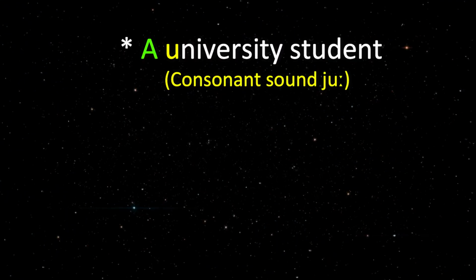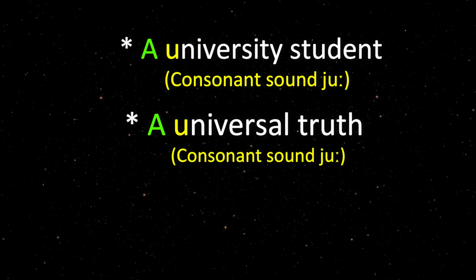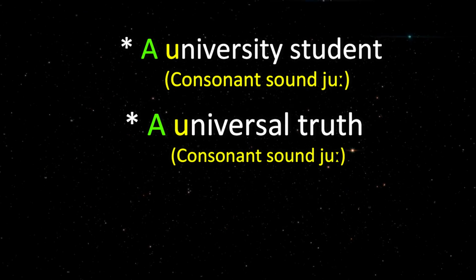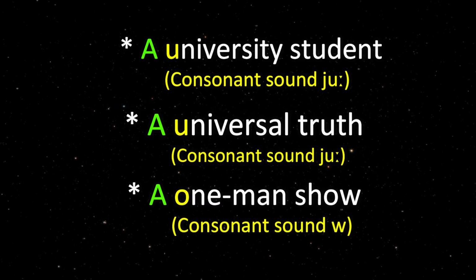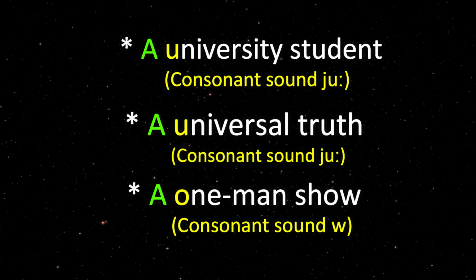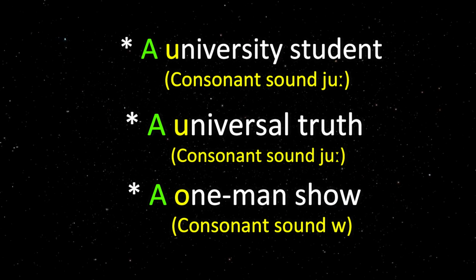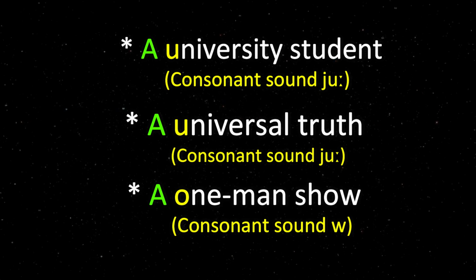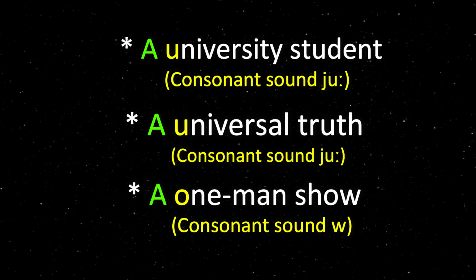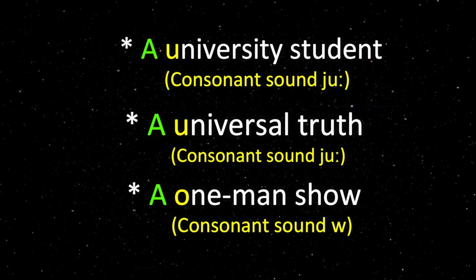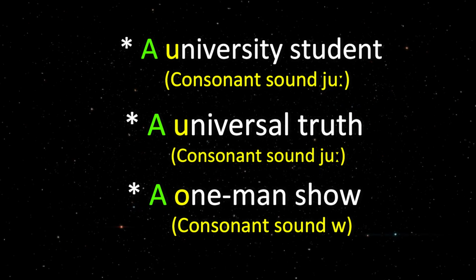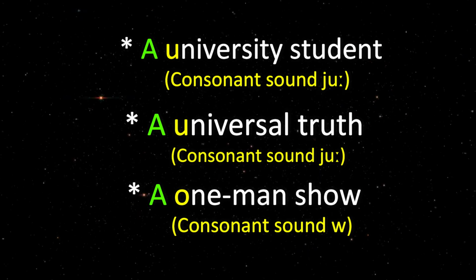A university student. A universal truth. A one-man show. While university, universal and one begin with vowel letters U and O, the sound produced is not u and o but y and w, which are consonant sounds. Therefore, article a is used.